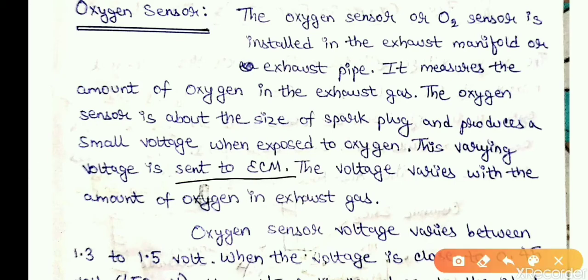The engine control module then reads that very small amount of varying voltage, and it gets the feedback from the oxygen sensor about how much oxygen is present in the exhaust gas.